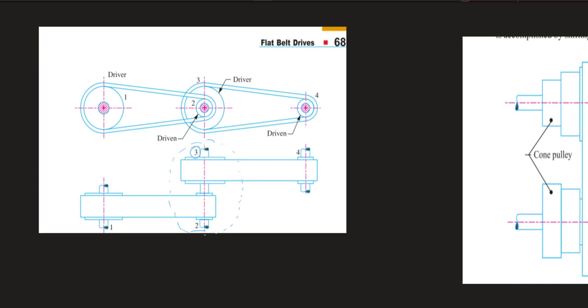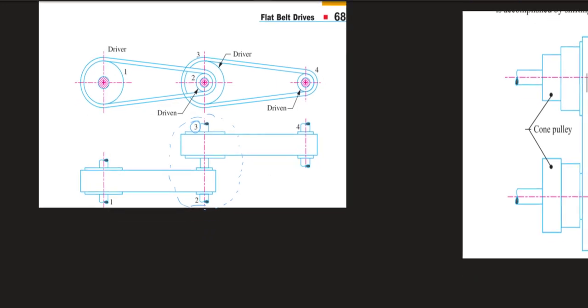Mainly this type of pulleys are used when a larger speed increase or larger speed reduction ratio is to be achieved, then we'll be using this type of arrangement.